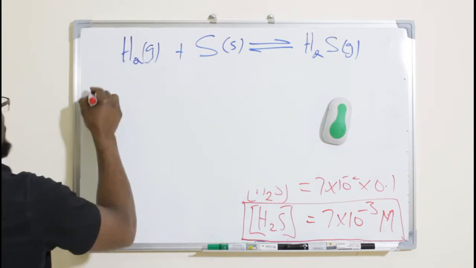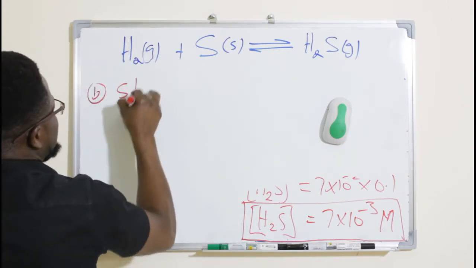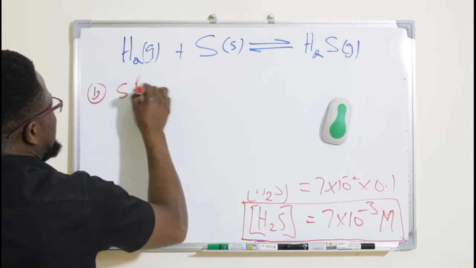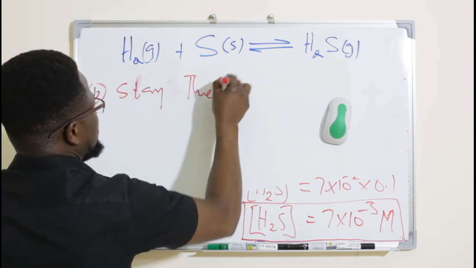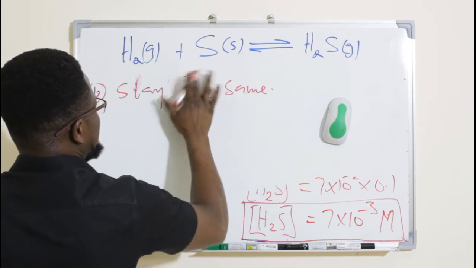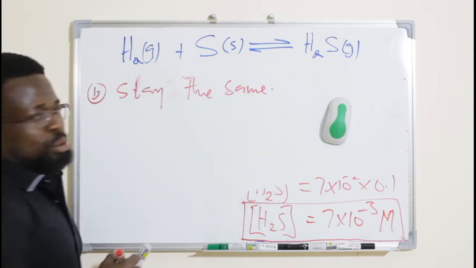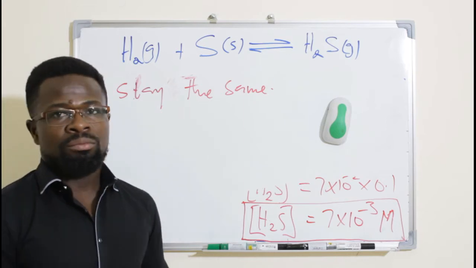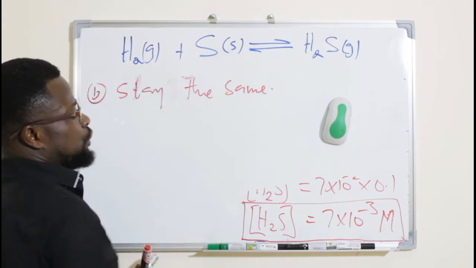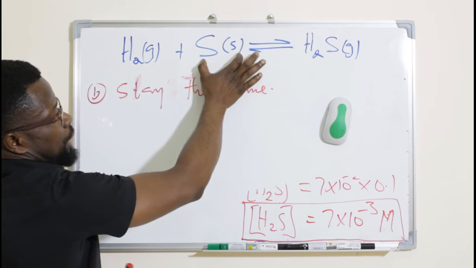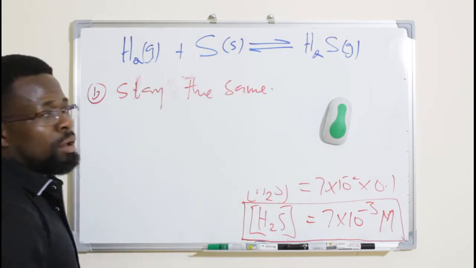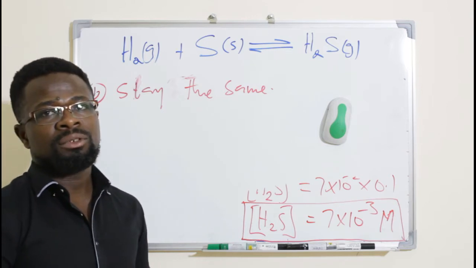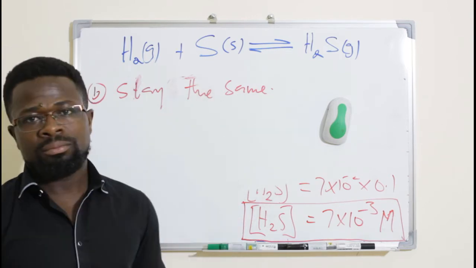So B stays the same. It will stay the same because this is not used in the calculation. Therefore, if this changes, it will not affect the value that we have calculated. So it will stay the same.